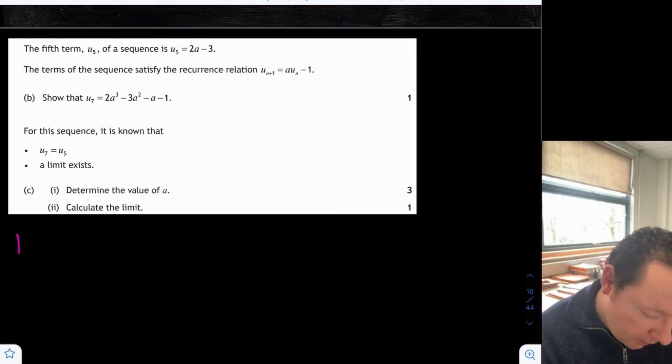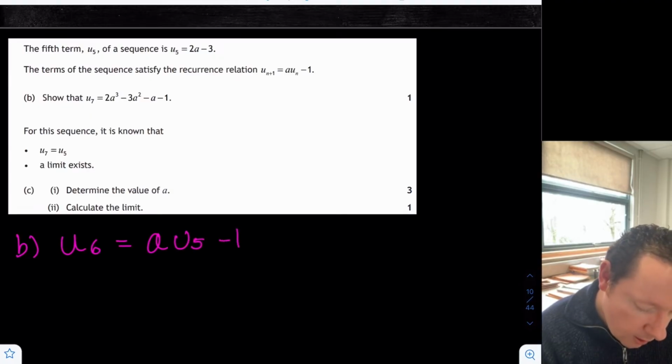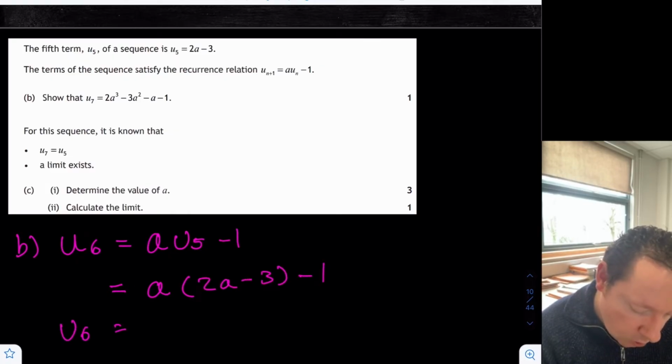So for part B, u6 from this bit here is a times u5 minus 1, the one before. So that equals a times 2a minus 3, take away 1. So u6 is equal to 2a squared minus 3a minus 1.